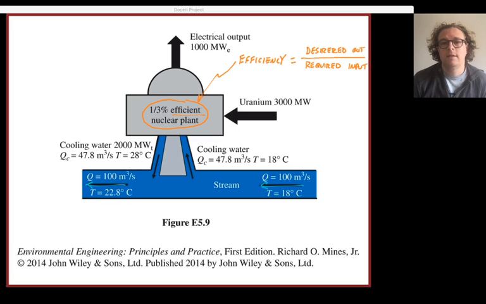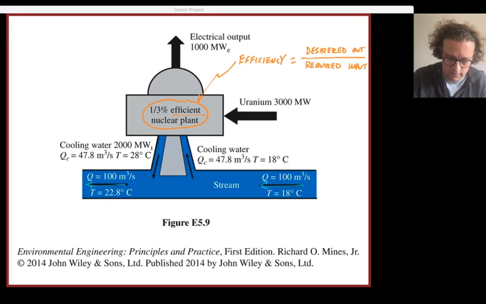Right? So in this case, you have 3,000 megawatts of energy sort of input to the plant from the uranium, if you will, and only 1,000 of that turns into electrical energy. So your plant is 1/3 efficient or 33% efficient.